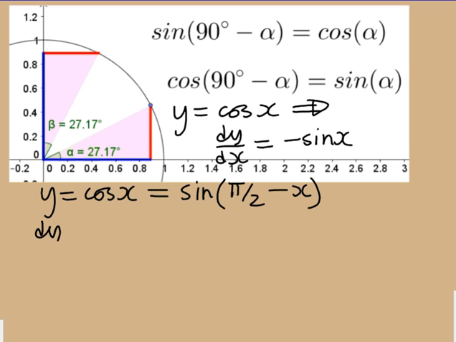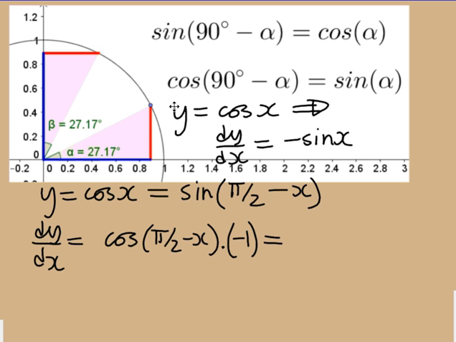So now I can differentiate it because I know two things. I know the derivative of sine, which is cosine of pi over 2 minus x, and I also know the chain rule. The chain rule tells me to multiply by the derivative of the inside, which is minus 1.